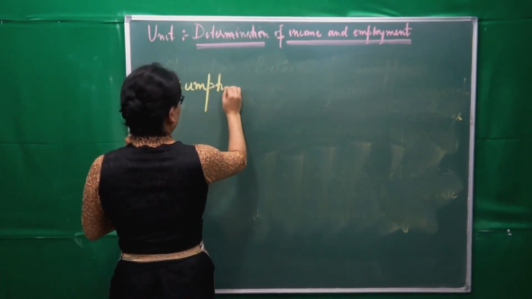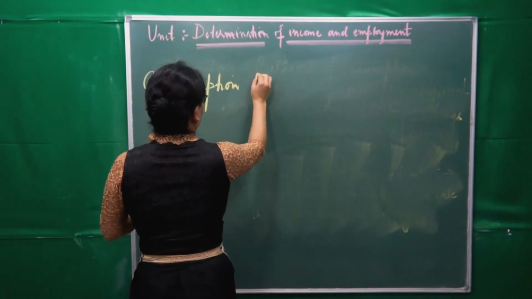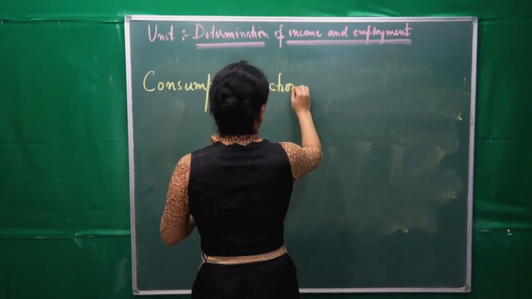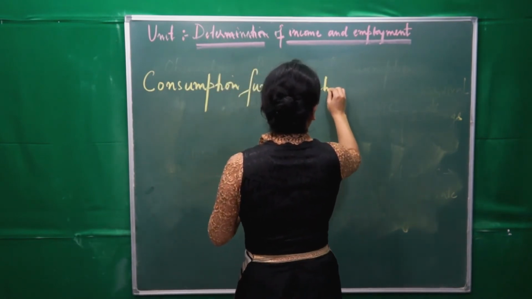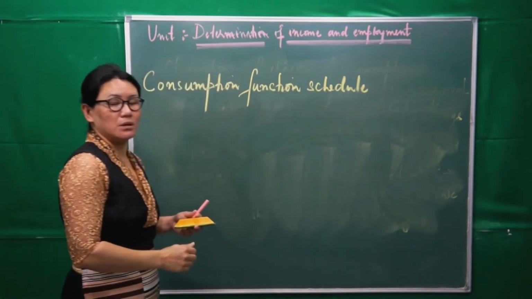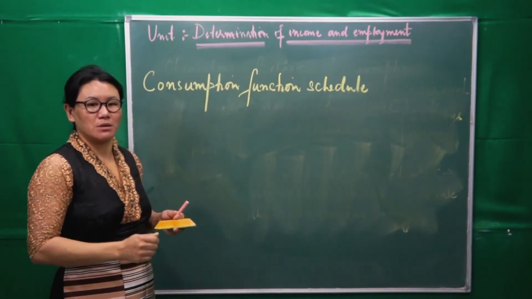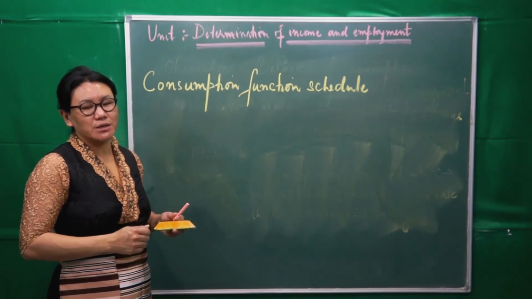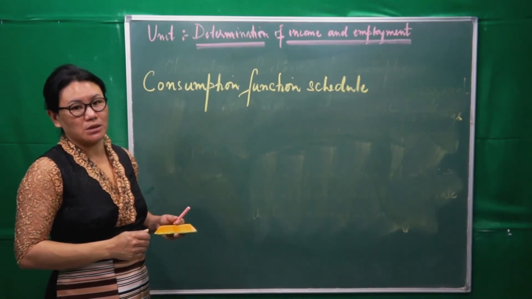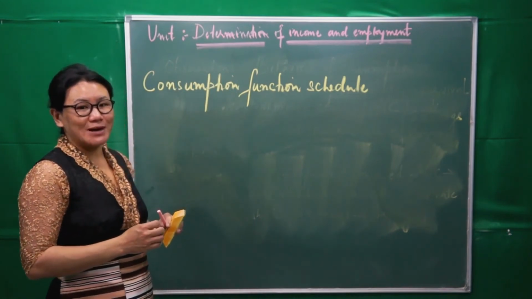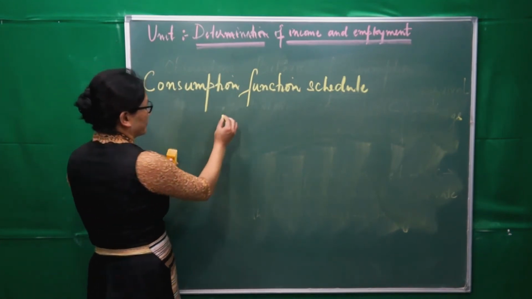Now, as I've said before, schedule in economics refers to a table which shows the relationship between different variables. Now we will see the consumption function schedule here.